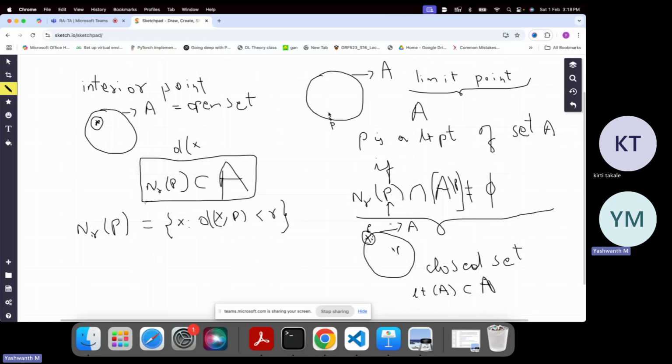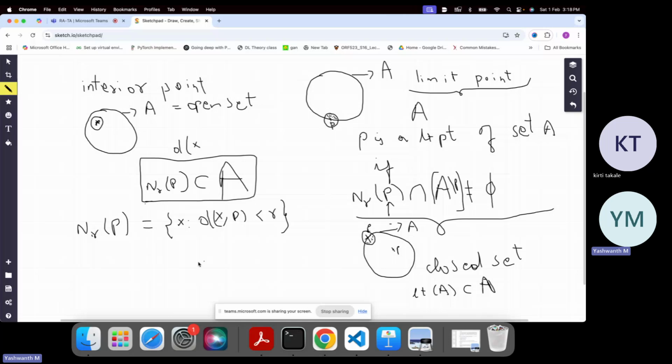For this, as per the definition, for every radius around the point P, it should intersect my original set A at a place apart from the original point P, right? So where is it intersecting? It is intersecting on all this dotted place, right? So for any radius, this is the case.